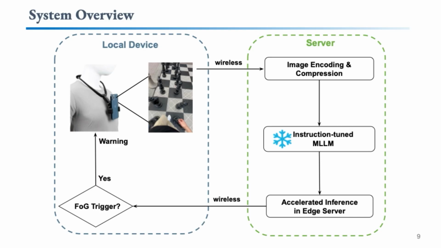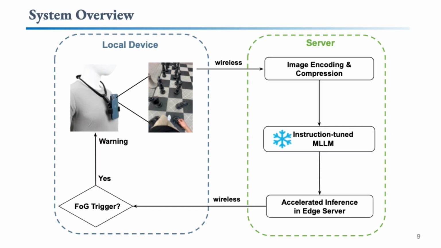Here's the system overview of Trigger Finder. The patient wears a mobile device with a camera. Let's think of it as a smartphone. As the patient moves through their environment, just walking normally, the camera captures images continuously. These images are transmitted wirelessly to the server, where our instruction-tuned multimodal LLM interprets and analyzes them, looking for potential FOG triggers like visual distractions.